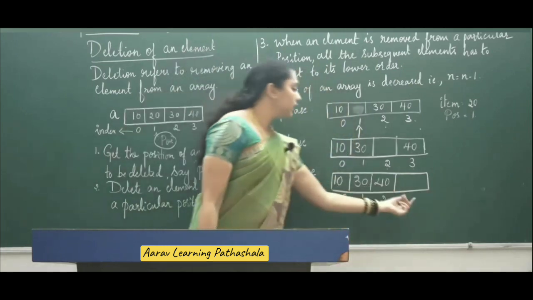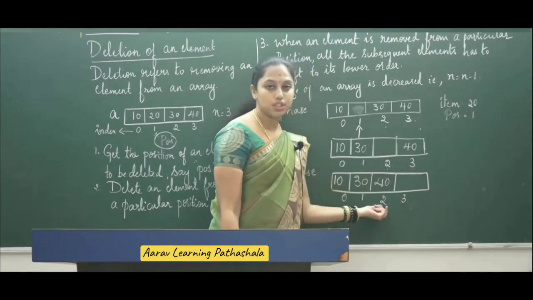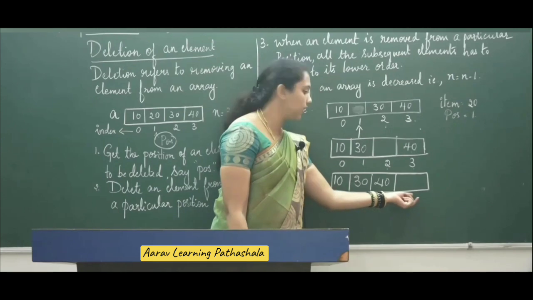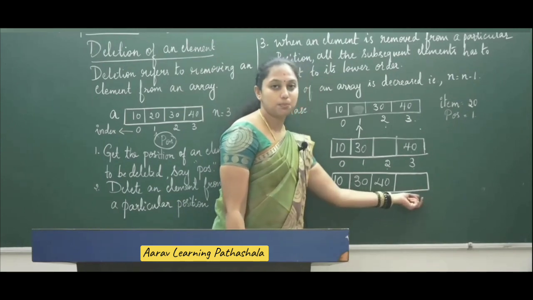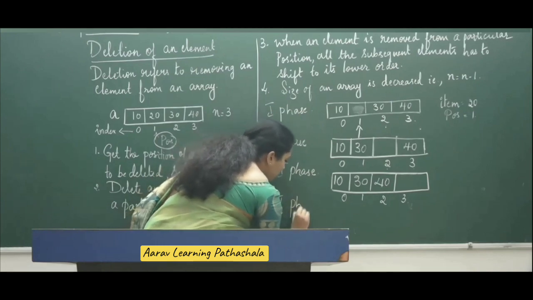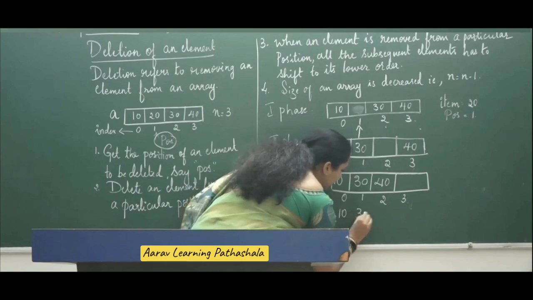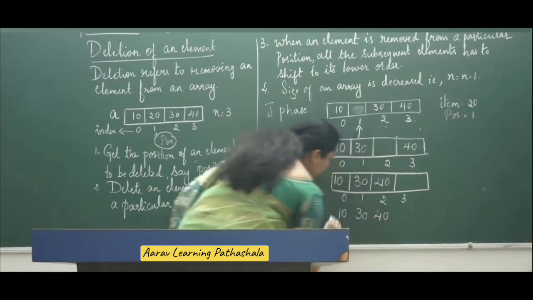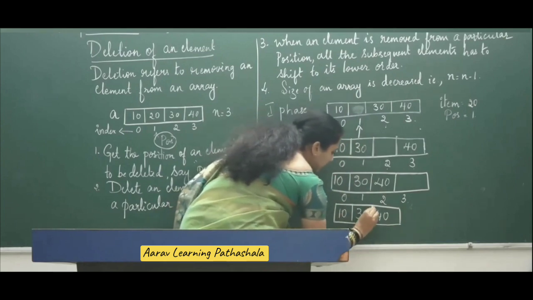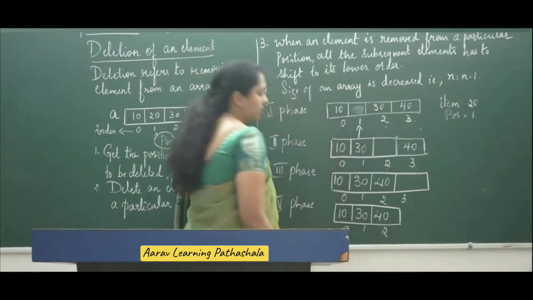Now, this position is empty, so we are going to discard this position. So in the fourth phase, the array A contains only the elements 10, 30 and 40 as its elements.